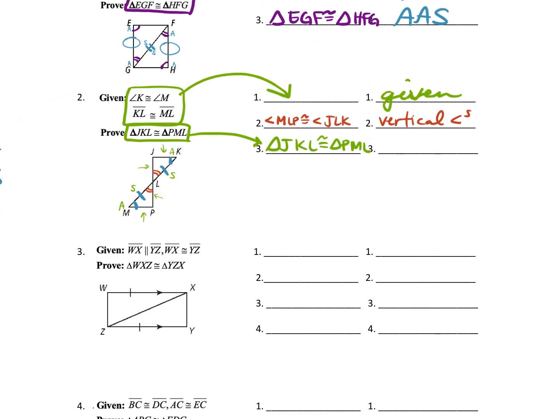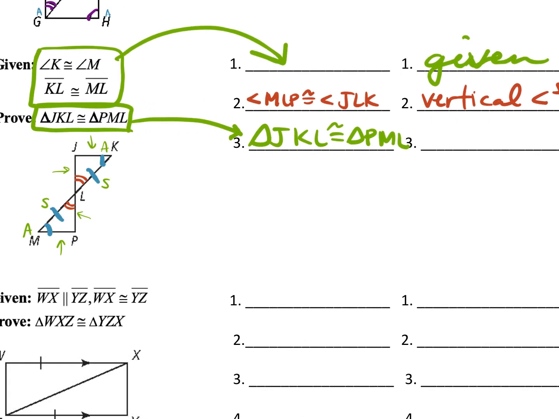Okay. And this is why I say mark everything that you know as you go, because when you mark it, then you can see, oh, here's another angle with another angle. What triangle congruence postulate does that get us? ASA. It's the included side, right? Angle, side, angle.